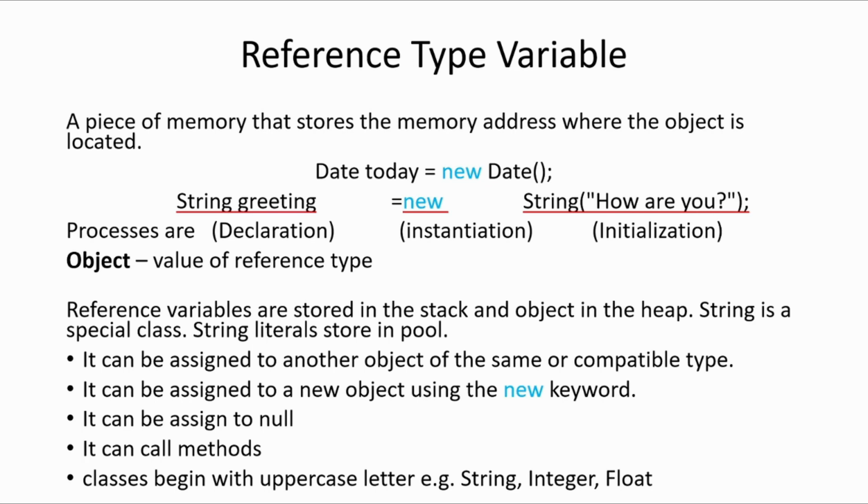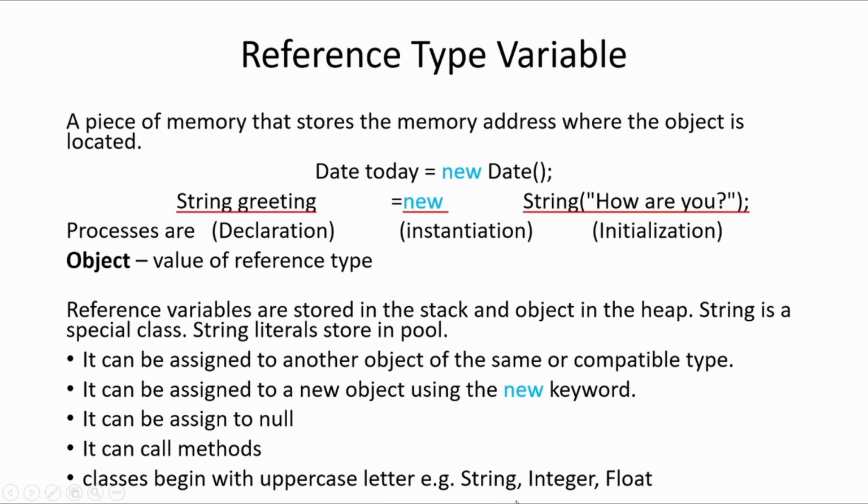And the beauty of the object is it has fields and methods, and you can call methods by the reference type variable. You cannot do that with the primitive type. They have only the values. And the reference type variables are of the classes, and classes begin with an uppercase letter.